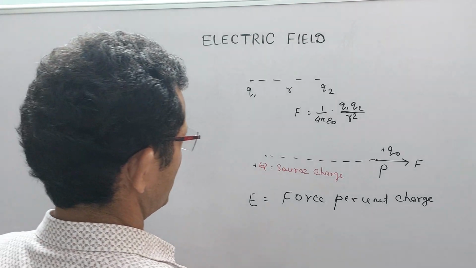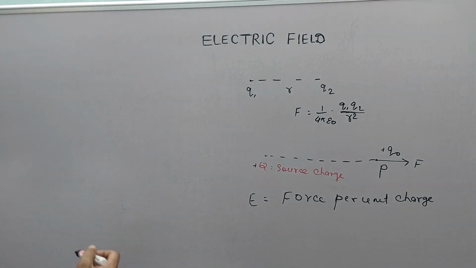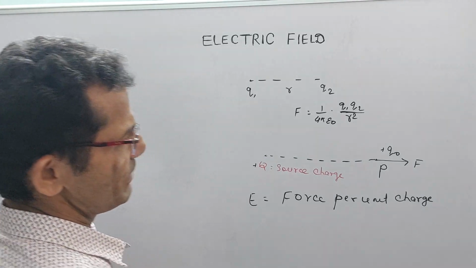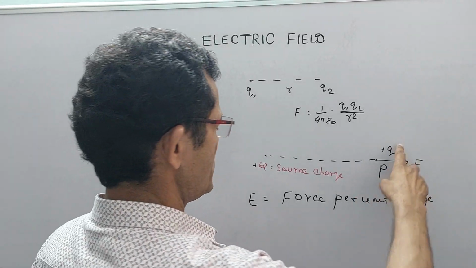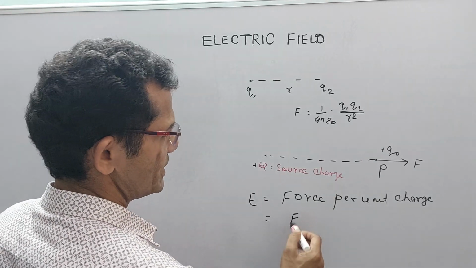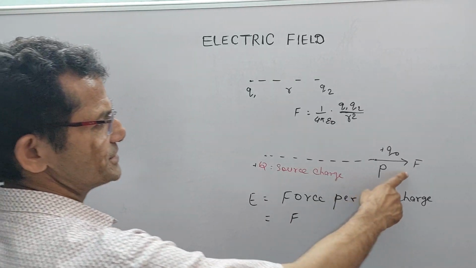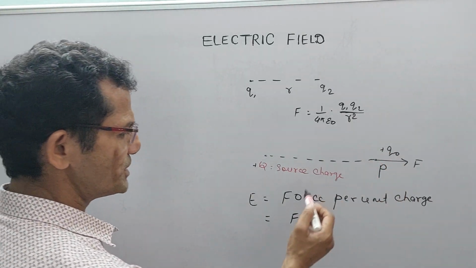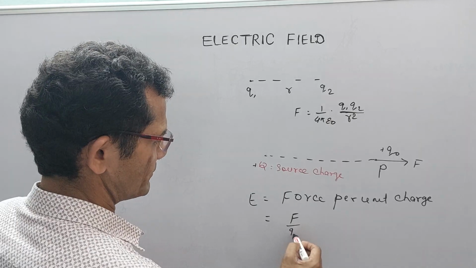So in this way we can define the electric field. The electric field is force per unit charge, because if F is the force experienced by Q naught, then the force experienced by a unit charge will be F upon Q naught.